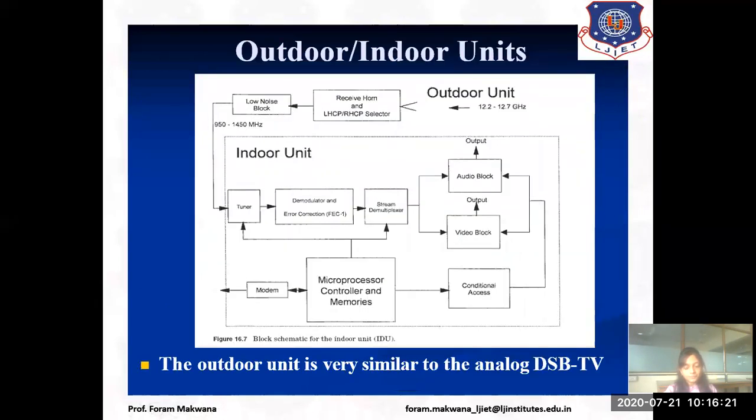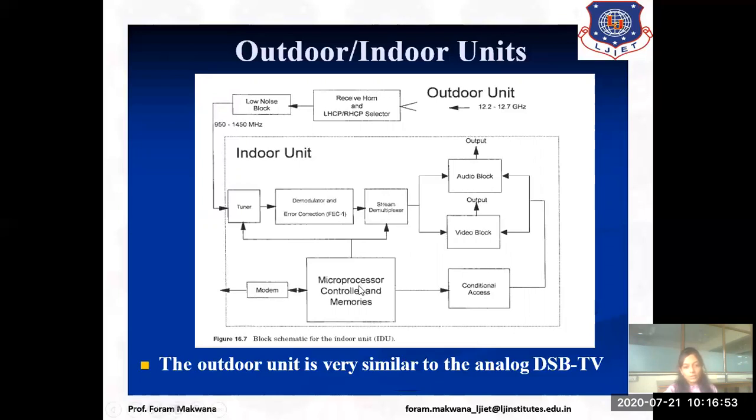Now, this is the block diagram for the indoor unit. And as we know, this is a standard block diagram for the outdoor unit. The outdoor unit receives the 12.2 to 12.7 gigahertz frequency band with the help of the parabolic reflector, and it is focused with the help of the horn, and then it is given to a low noise amplifier or low noise block converter.